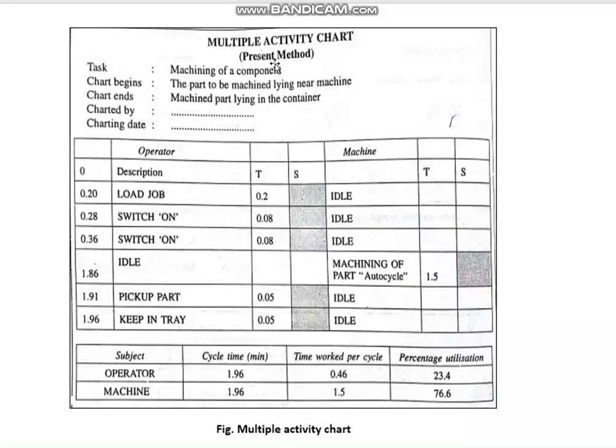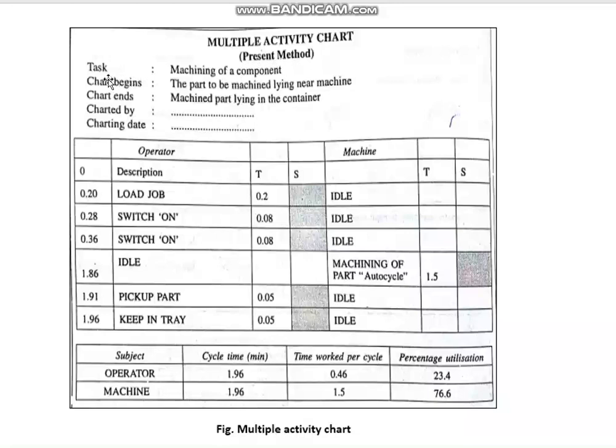For both of those we have to prepare the multiple activity chart, and thereby we should be able to compare. You see, the old method was taking so much time, whereas in the new method we have saved so much time. That's how you have to present it. Therefore you should clearly mention whether it is the present method or the proposed method.